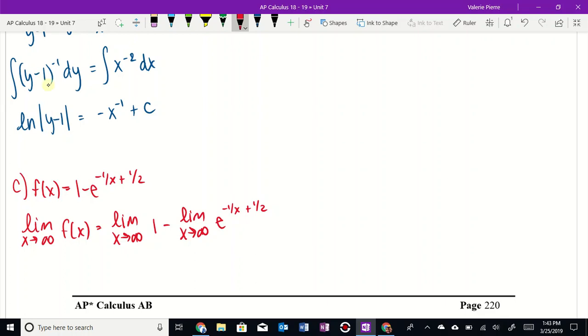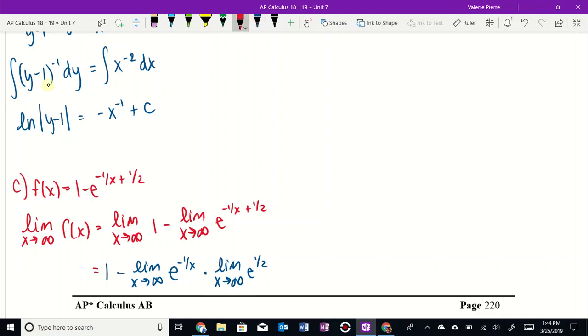Okay, so we can separate exponents using multiplication here because our exponents are added. So we have the limit as x approaches infinity of 1, which is 1, minus the limit as x approaches infinity of e to the negative 1 over x times the limit as x approaches infinity of e to the 1 half.